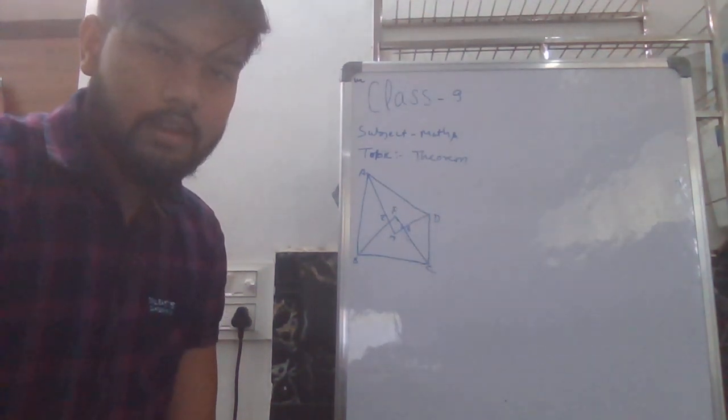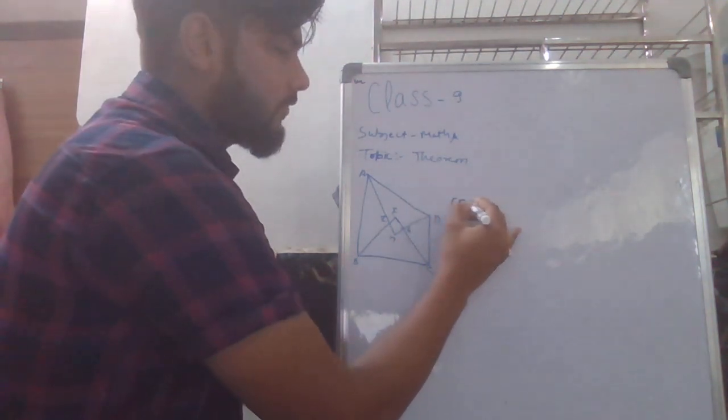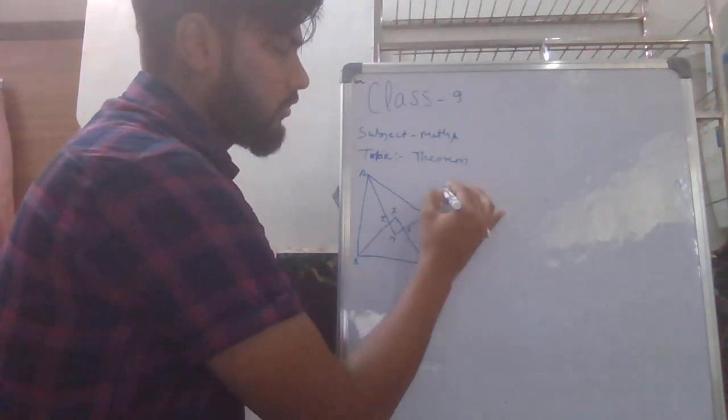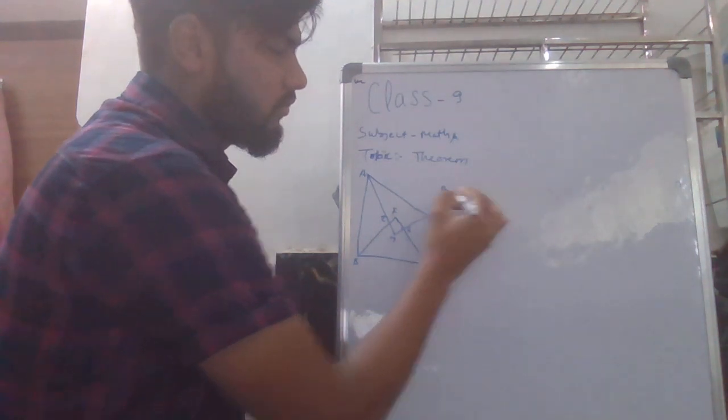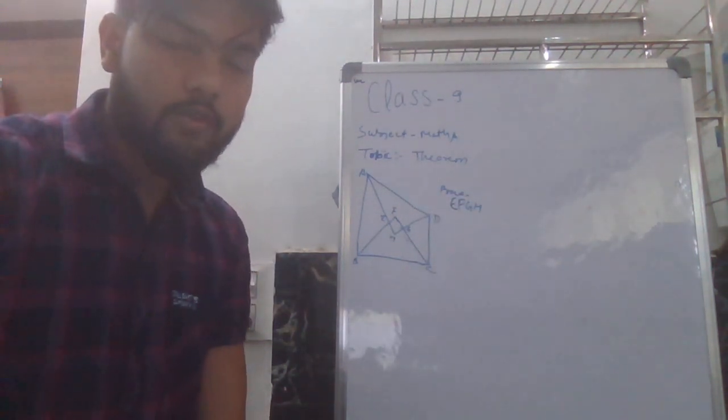What we are going to prove is that quadrilateral EFGH is cyclic. Now let's start the proof of this theorem.